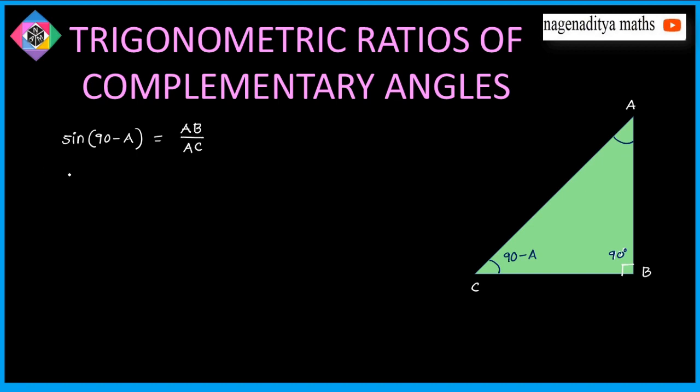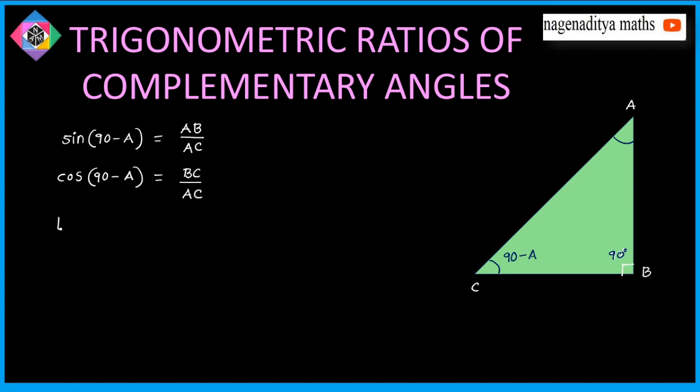Next I am going to find cos of 90 minus A. We have to find the adjacent side of 90 minus A. The adjacent side is BC. So this is equal to BC by AC.